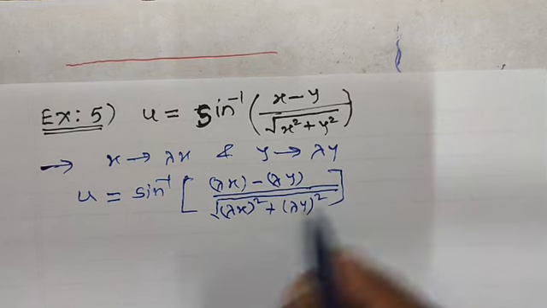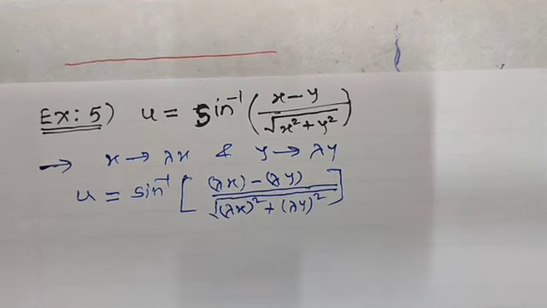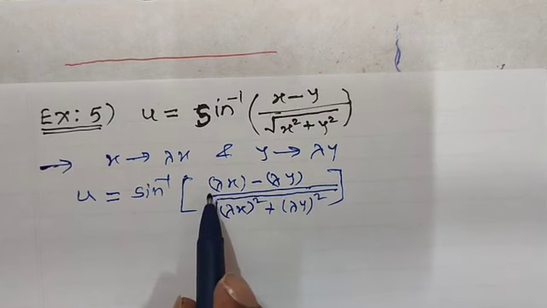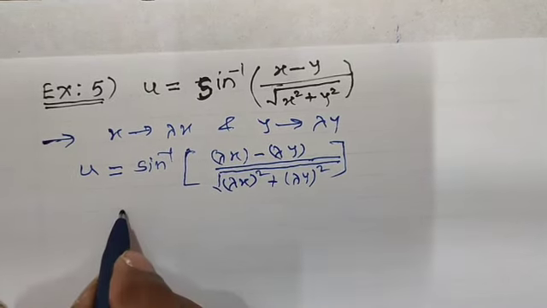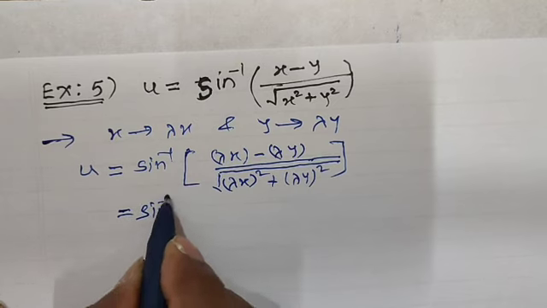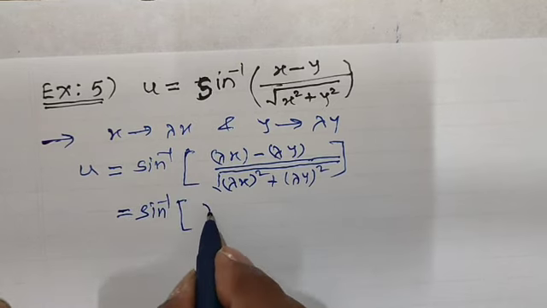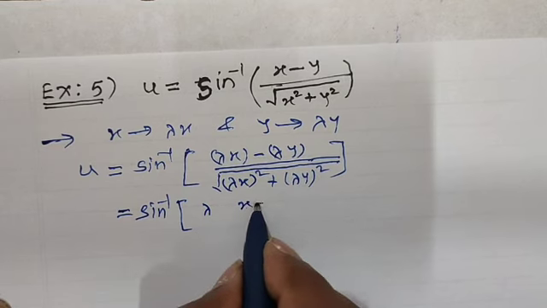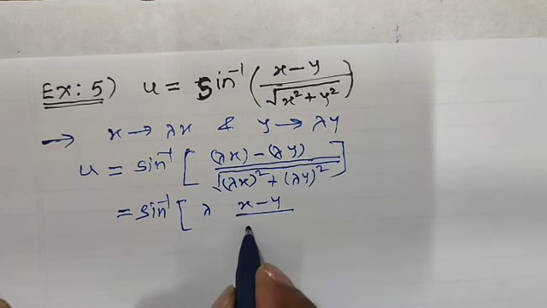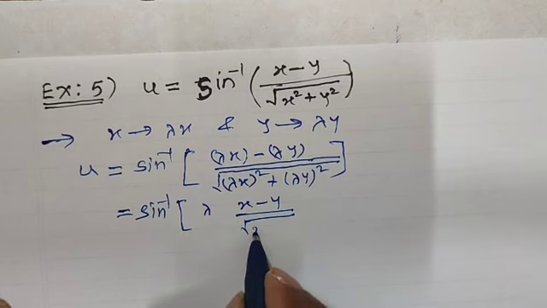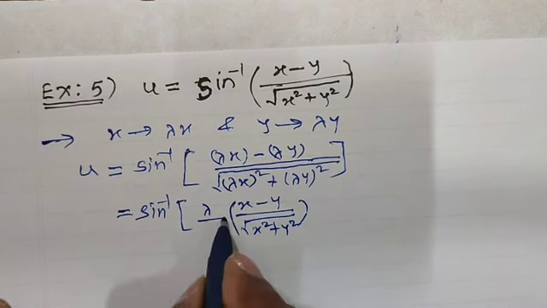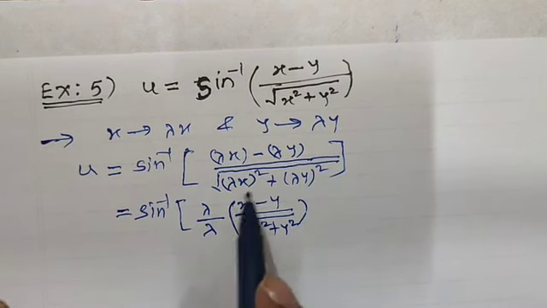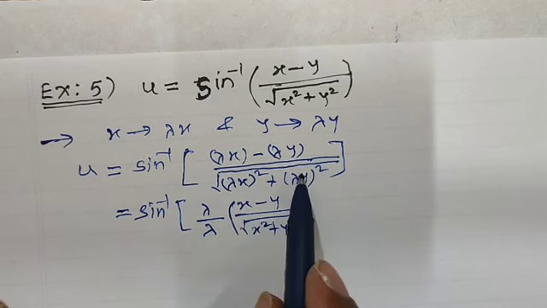Okay, we can express like this. Now from the numerator we can take lambda common. From the denominator, lambda square and its square root, that is lambda again. So this can be written as sine inverse of lambda times x minus y upon square root of x square plus y square, divided by lambda square and its square root, that is lambda.